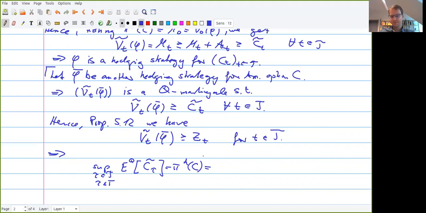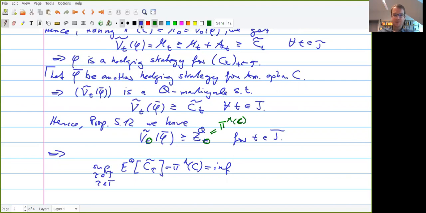The point which is important here is 0, and sorry, I was missing the Q here. And this is the price of the American option.